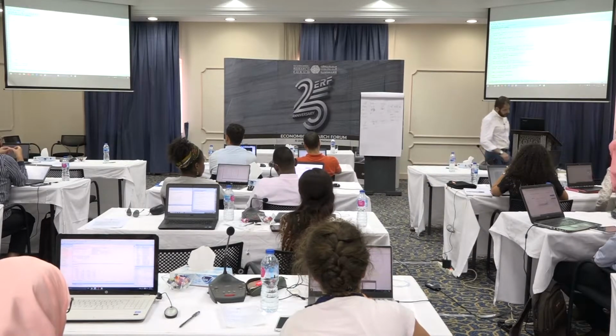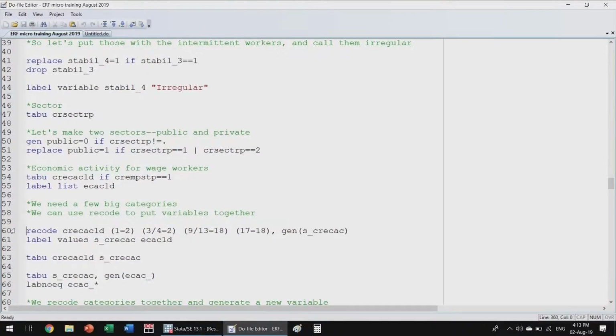So that's what we do here. We recode the economic activities. So 1 will be 2, 3 and 4 will be 2, 9 to 13 will be 18, 17 will be 18, and I will generate a new variable.